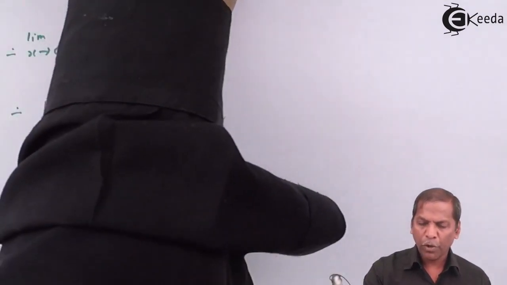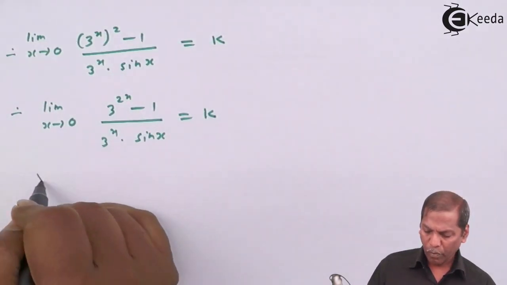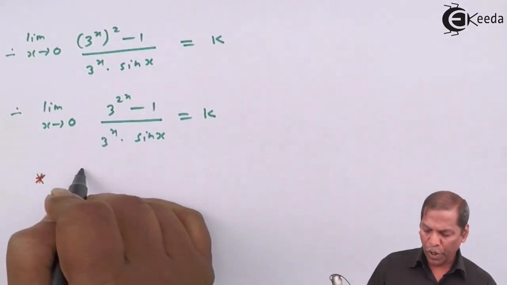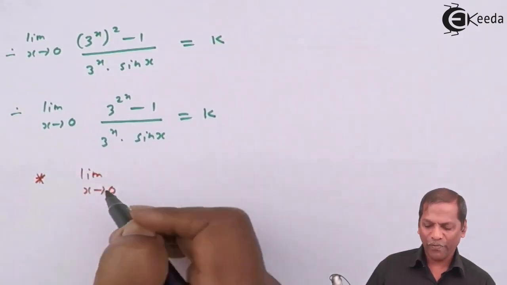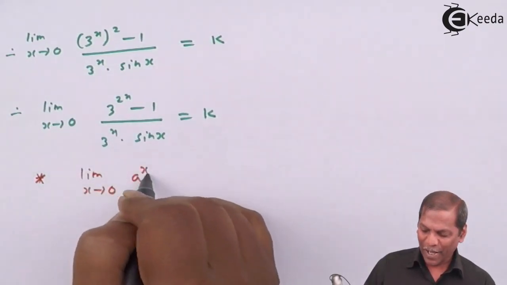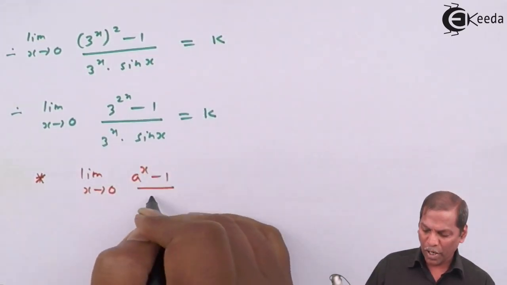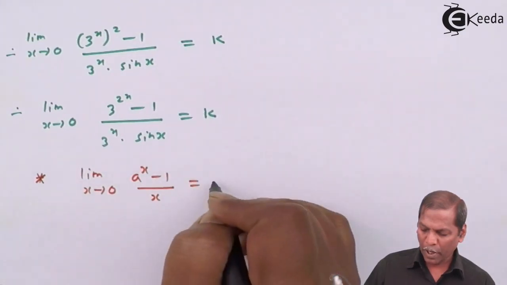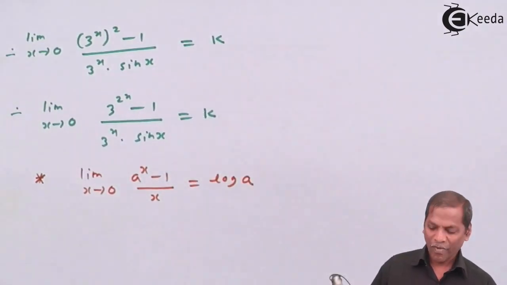So here we use two rules of limits. The first rule is limit x tends to 0, (a raised x minus 1) upon x, that equal to log of a.